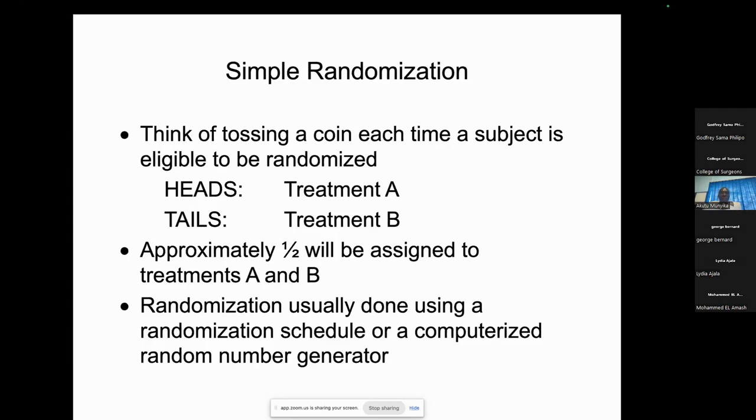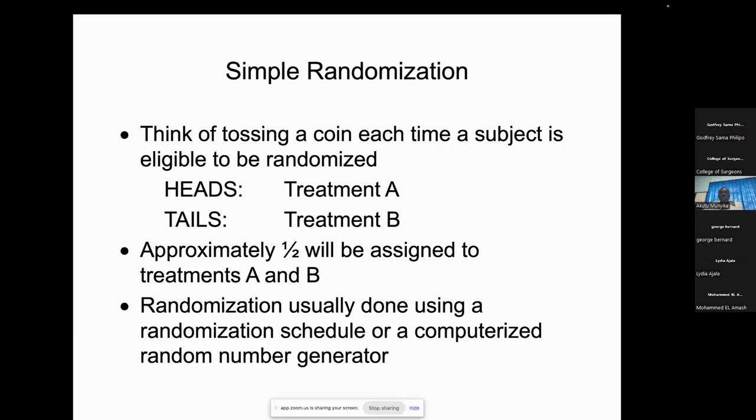So approximately, and we have to say approximately, half of the group will be assigned to treatment A and treatment B, because you may still not get the exact number. If you have a group of 20 patients, you may not necessarily get 10 and 10 on each side by flipping a coin.